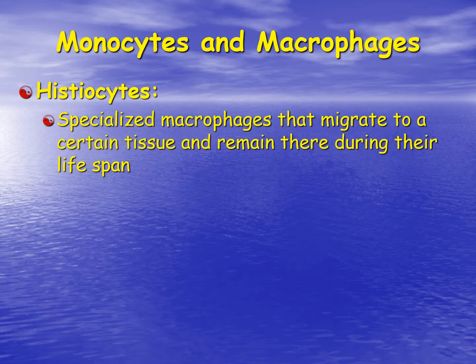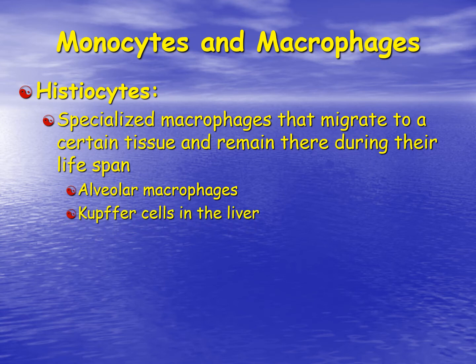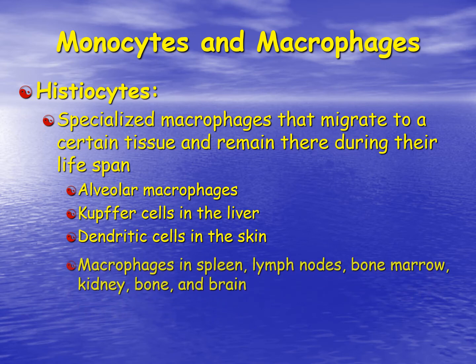These are macrophages that have migrated to certain tissues and tend to remain there during their long lifespan. So, the alveolar macrophages found in the alveoli of the lung. The Kupffer cells lining the sinusoids within the liver. And we could even say dendritic cells in the skin are a form of a histiocyte.